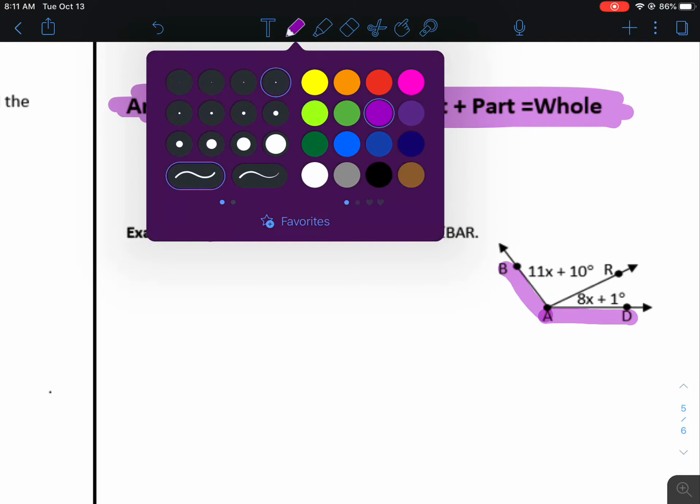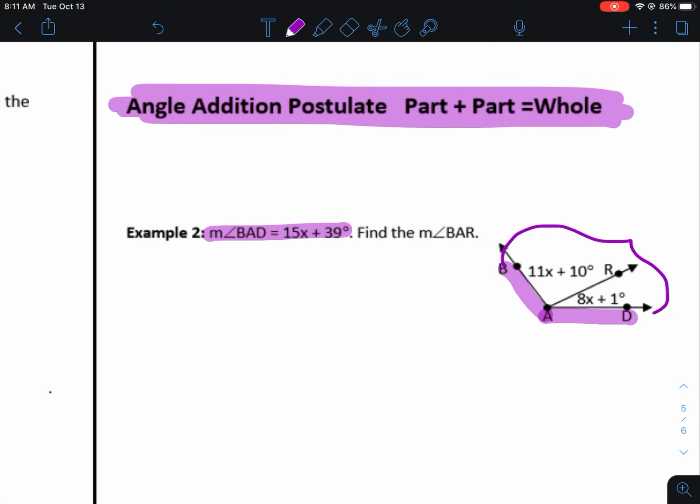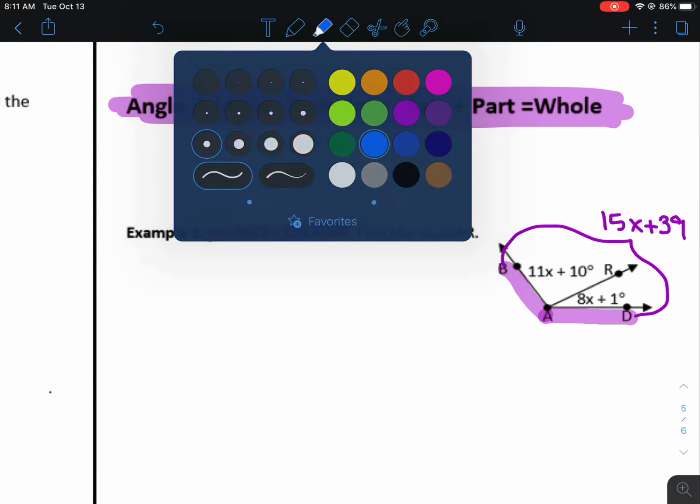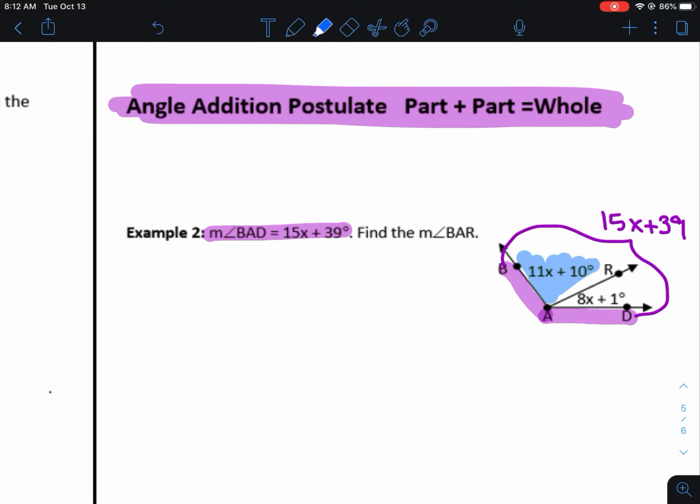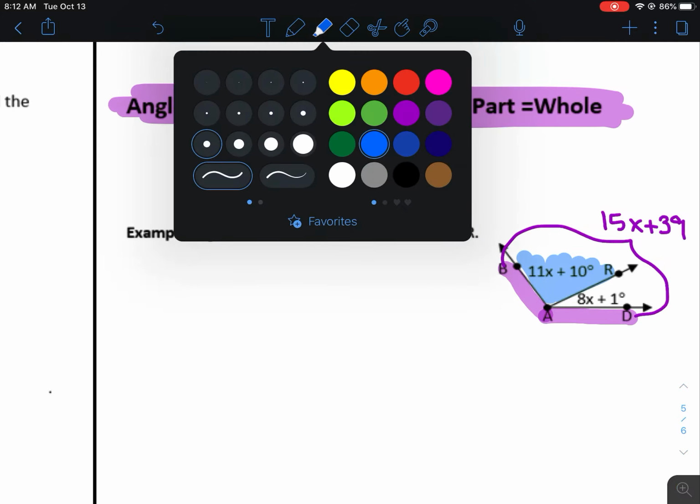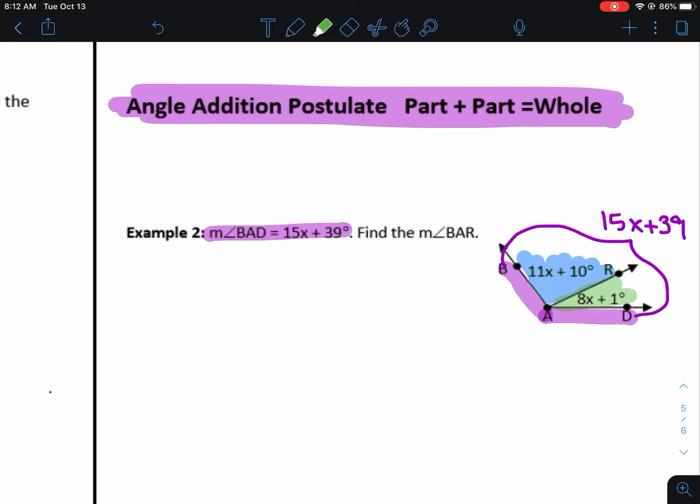All right, so that's the whole thing, that's 15x plus 39. And then we see that this angle over here is 11x plus 10, and this angle here is 8x plus 1. And then it asks us to find BAR. So that would be the top angle, because it starts at B, goes to A, then goes to R. So I'm trying to color code it there, if that helps. If not, just follow along.